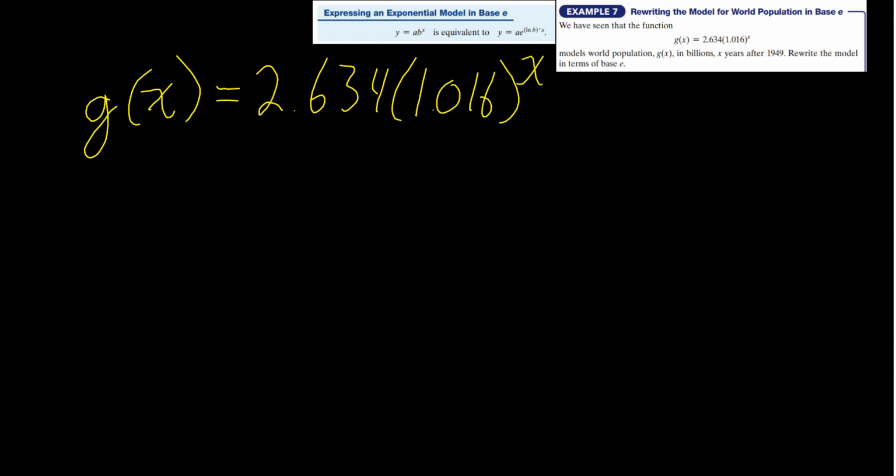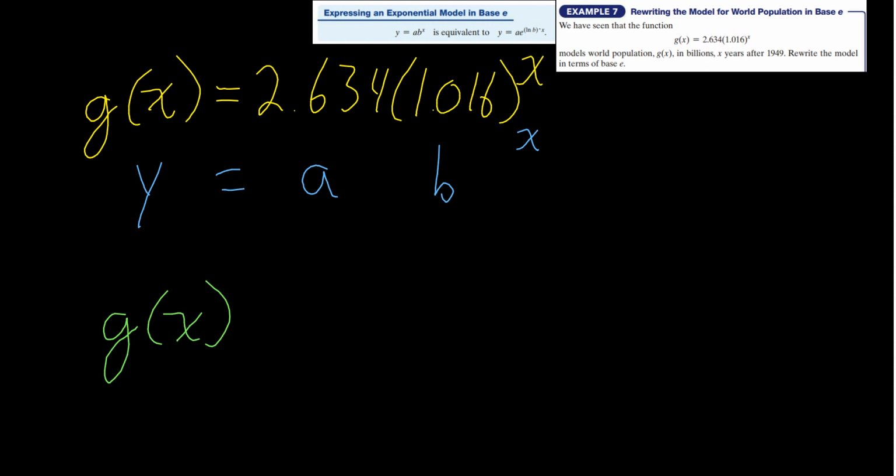Okay, so we know that this is essentially Y, this is essentially A, this is essentially B, and of course this up here is X. If I were to rewrite this equation in terms of base E, I would keep the Y, right? The Y is still g of x.